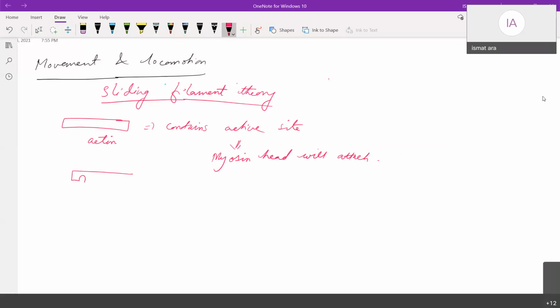Suppose these are the actin molecule, the active sites. Now what happens generally in this?